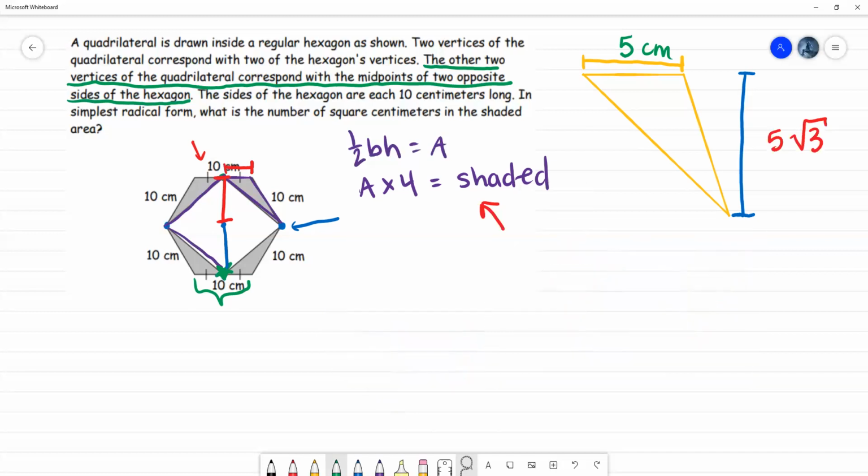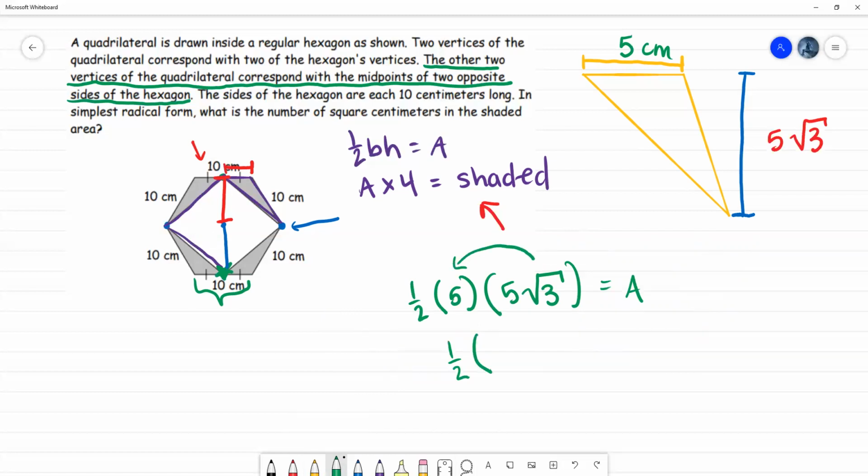So now let's plug it into our formula. Half times base, which is 5, times the height, which is 5 square root 3, is equal to the area. Let's solve for that. So 5 times the square root of 3 times 5 is 25 square root 3.